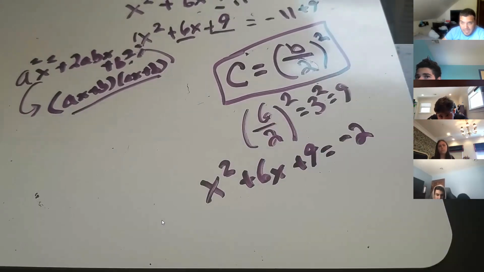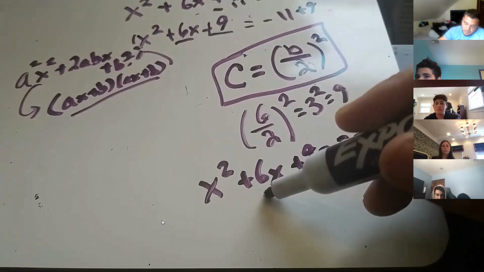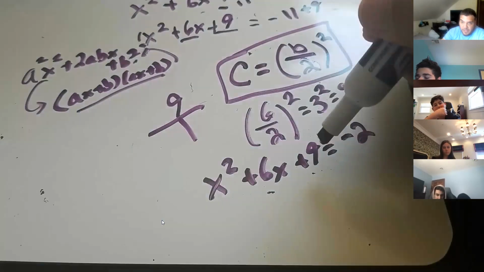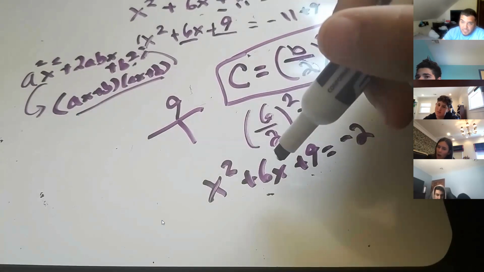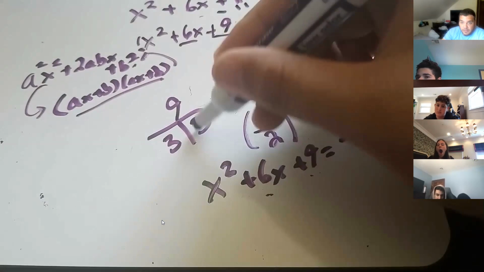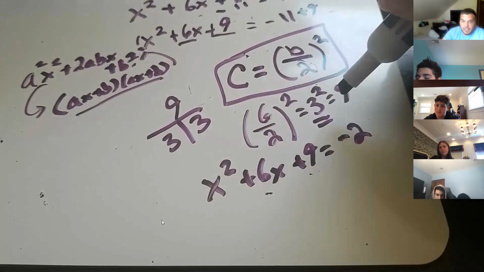Well, now I picked a C on purpose that is easy to factor. So what are multiples of 9? Think about the ABC thing. What multiplies to get 9 and adds to get B, 6? 3 and 3. By the way, that's not random. You literally chose it because it becomes this.